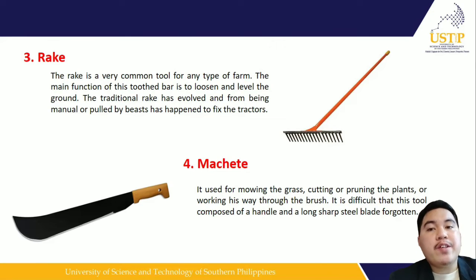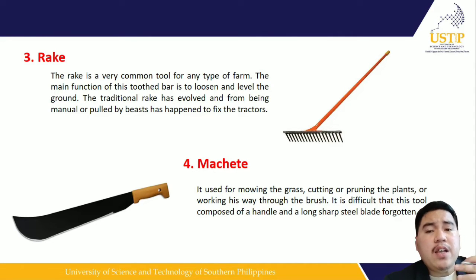So by considering the list of farm tools, ang kaning rake, it is very common, no? So we know that there are several types of rakes available nationwide, but mostly, this kind of hand tool dili ni siya mawala in terms of gardening or in farming, diba?